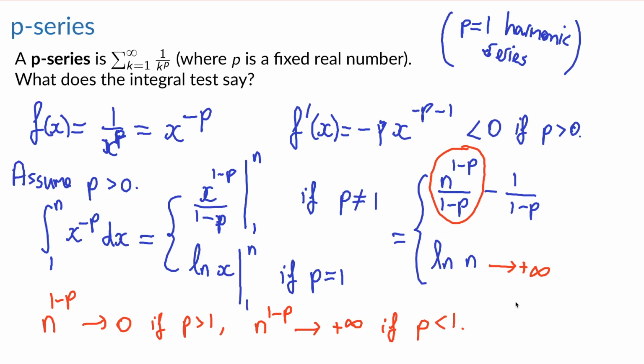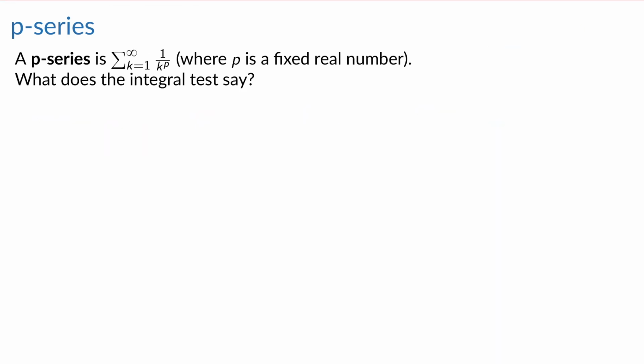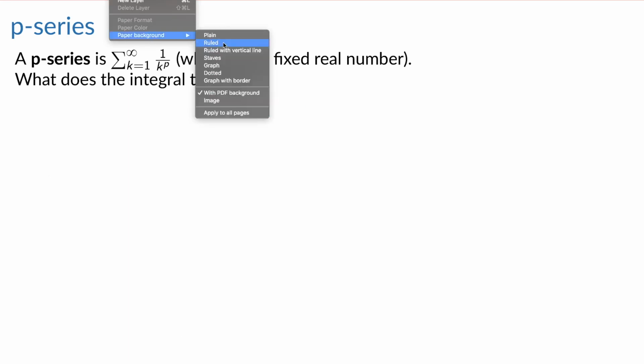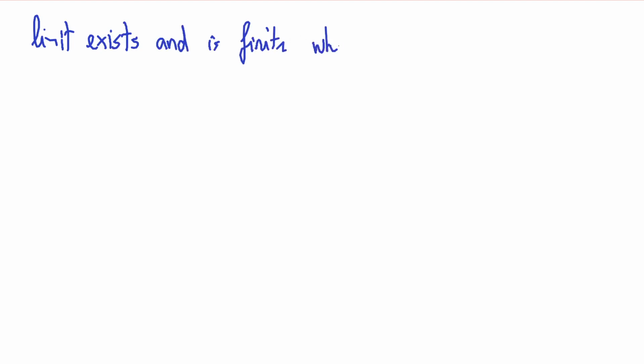So from this, we can conclude what happens to our p-series. What happens is that the limit exists and is finite when p is greater than 1.